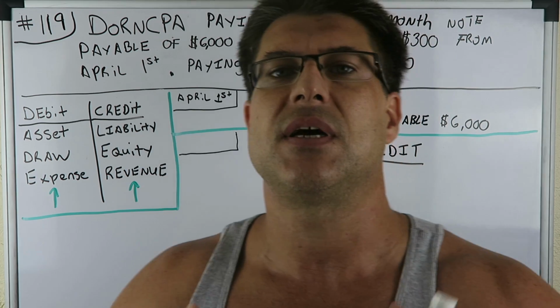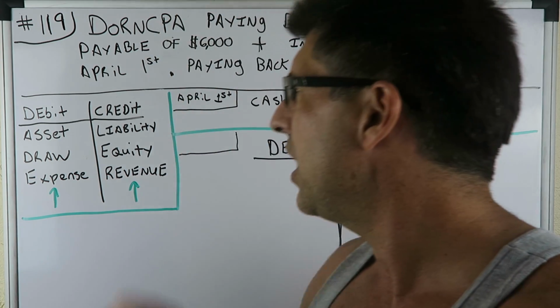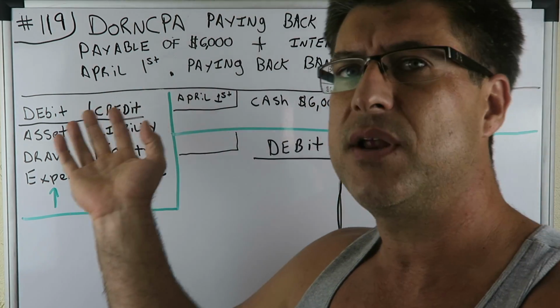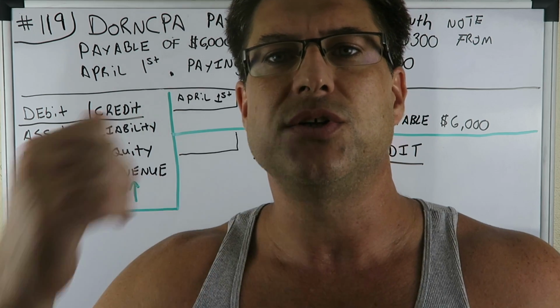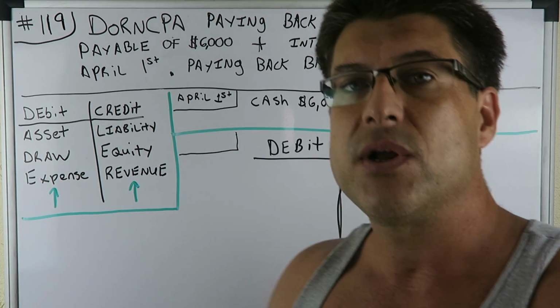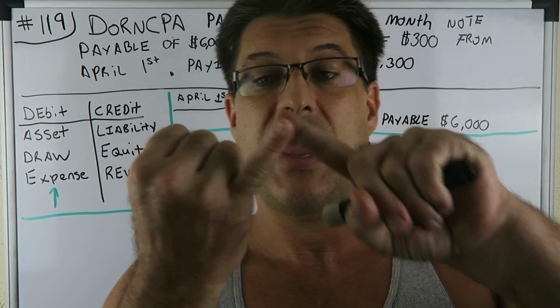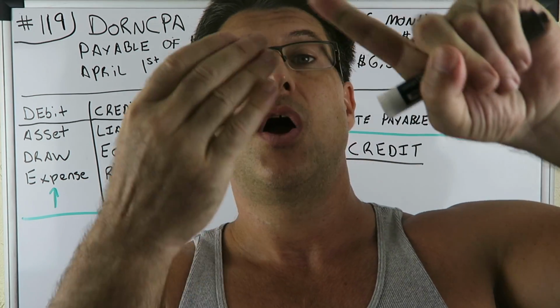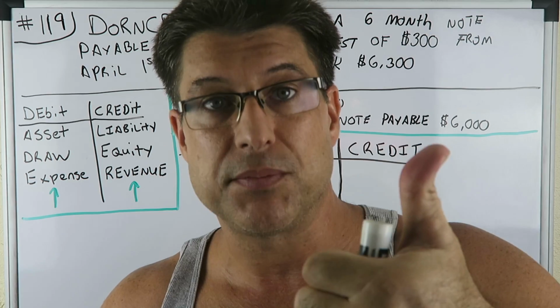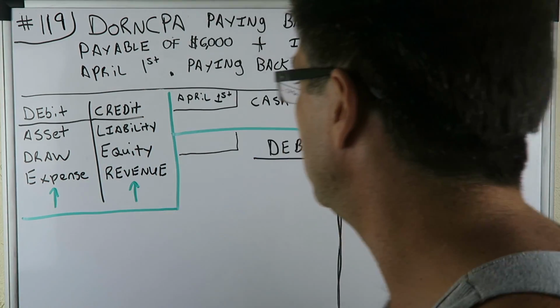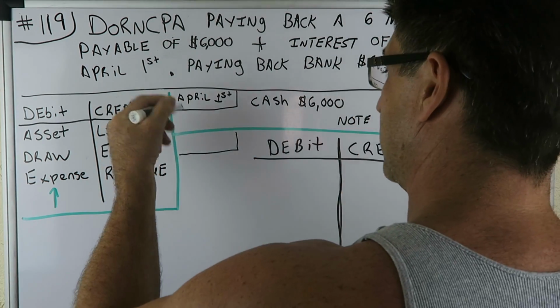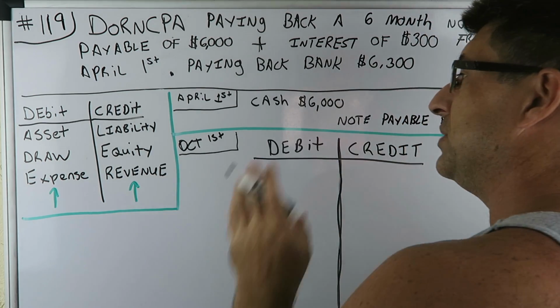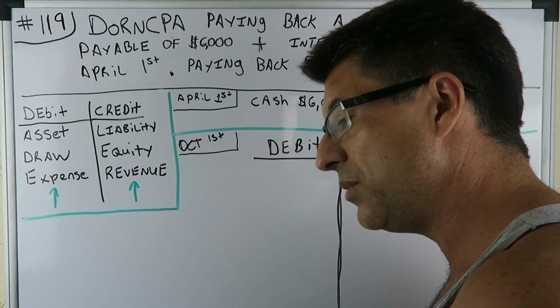Sometimes if it was, say, the end of April, you don't include that month. You go to the next month. So anyway, 6 months later, let's see. April, May, June, July, August, September, October 1st would be the day we're paying this back. October 1st would be 6 months later, 6 full months have passed.